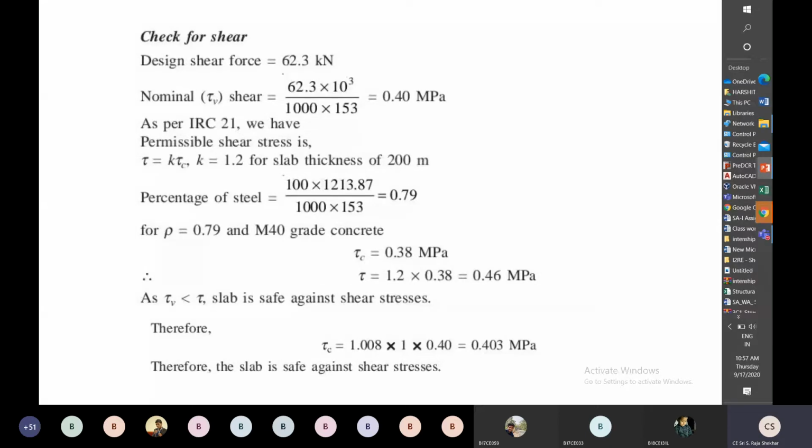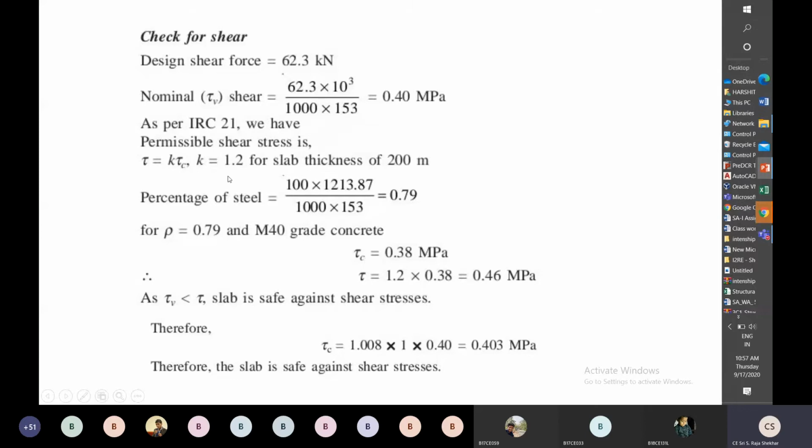Because we provided AST main reinforcement along the shorter span and along the longer span, that slab will have shear carrying capacity. So we need to calculate that shear carrying capacity.